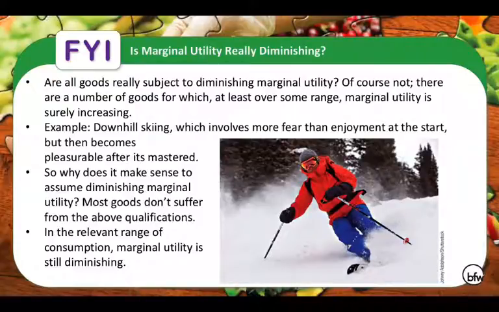Now, some people might ask the question, is marginal utility really always diminishing? Are all goods really subject to diminishing marginal utility? Of course not. There are a number of goods for which, at least over some range, marginal utility is surely increasing. An example is something that's popular here in Colorado, alpine skiing, which involves more fear than enjoyment at the start.